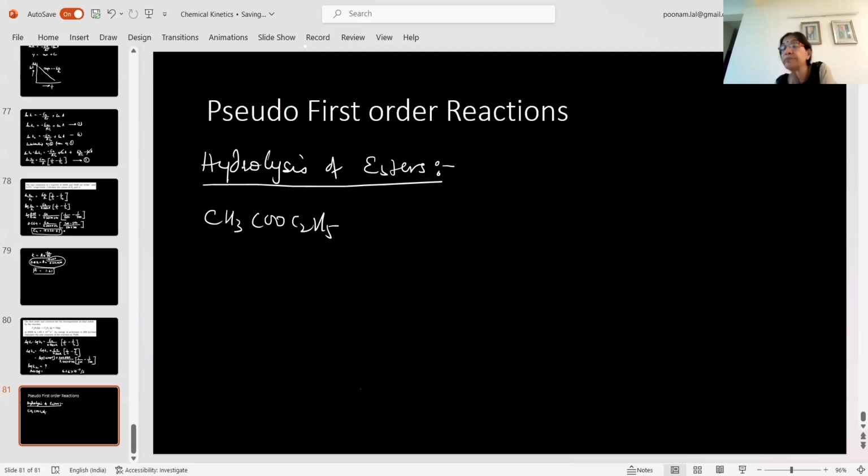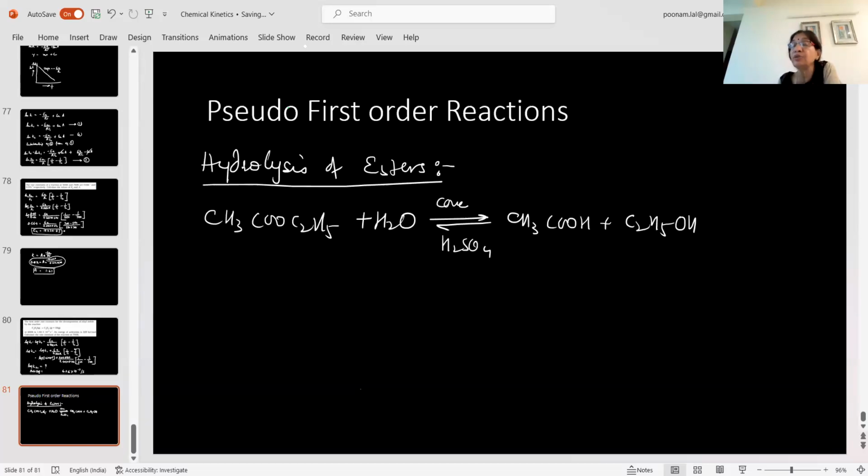This is an ester. If I react it with water, what do I get? I get CH3COOH plus C2H5OH, in the presence of concentrated H2SO4. This reaction is known as hydrolysis of esters, and this is an elementary reaction.